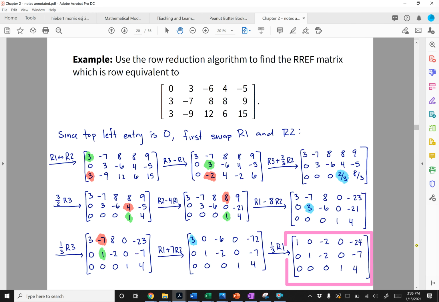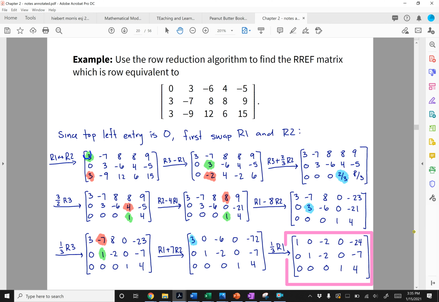Okay, I think that's enough. You can look at this, and the other teachers already walked through this whole thing about how to do the steps. Using the first entry here, if it's a 0, then you can swap 2 rows, so you can make it a non-zero, unless the first column is all 0.